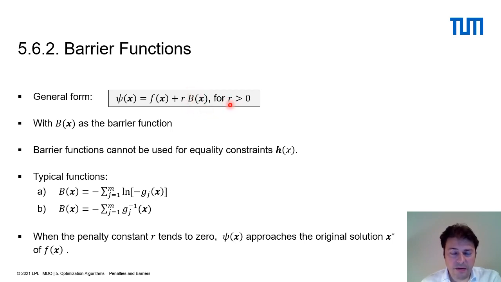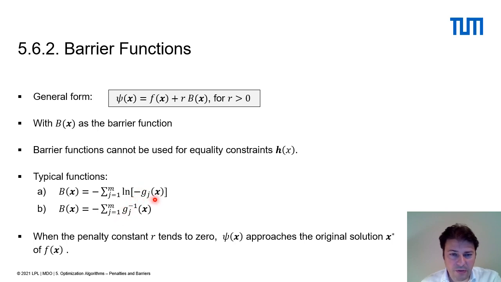We let r be strictly positive, and we use for the barrier either logarithmic expressions, or we take the reciprocal value of our constraint function. Please note, and the reason will become clear a little later, that barrier functions cannot be used for equality constraints. This is only for inequality constraints. So that's why we're only using g_j.